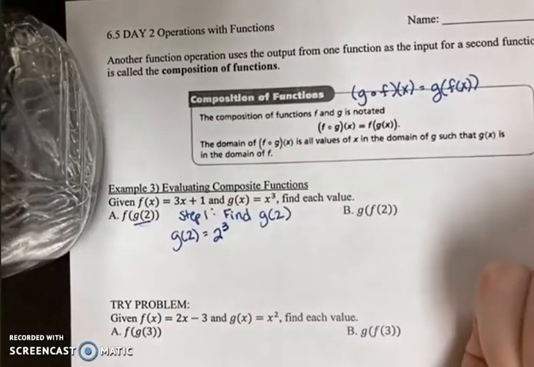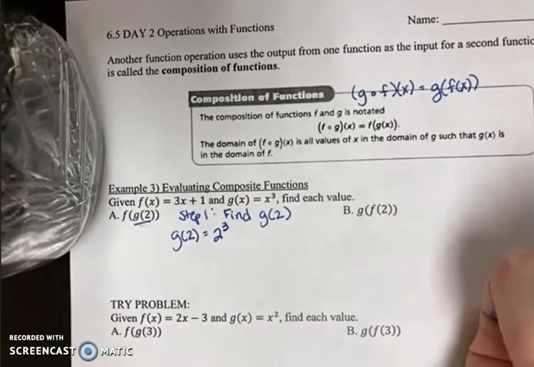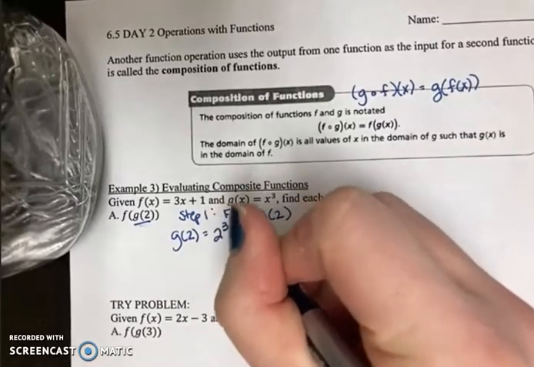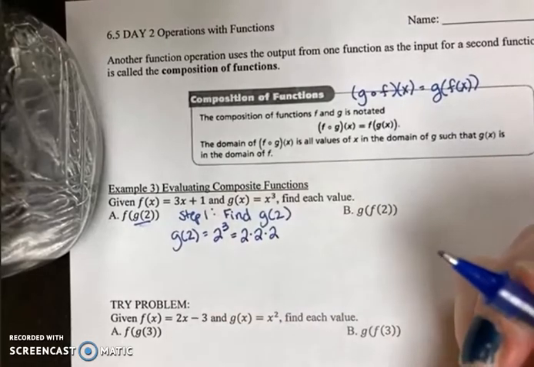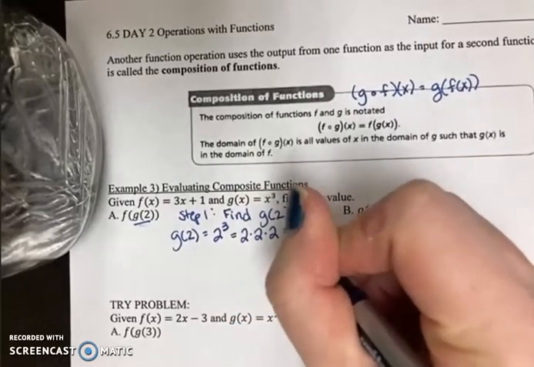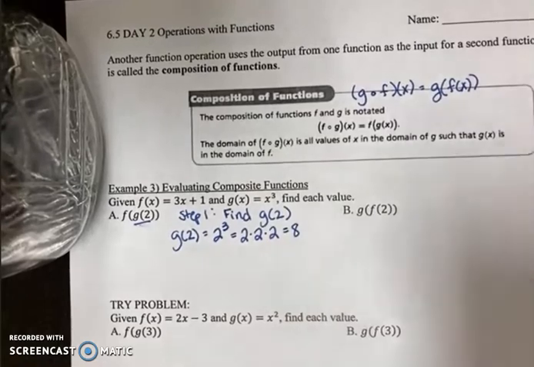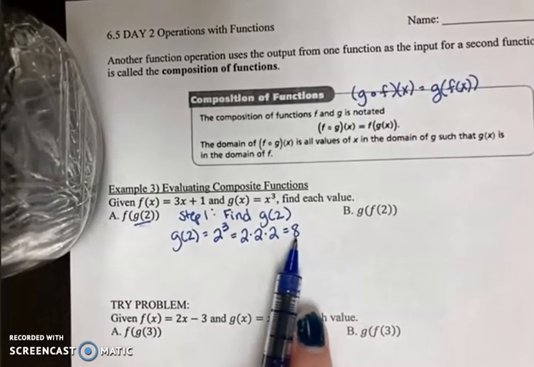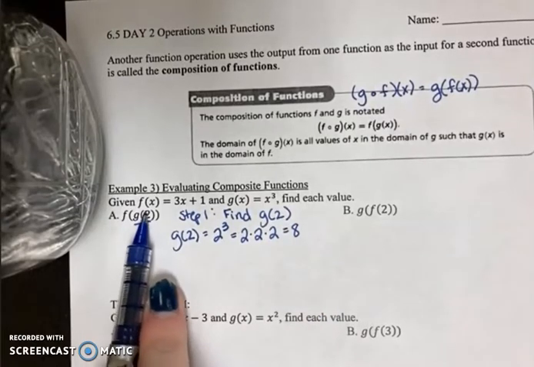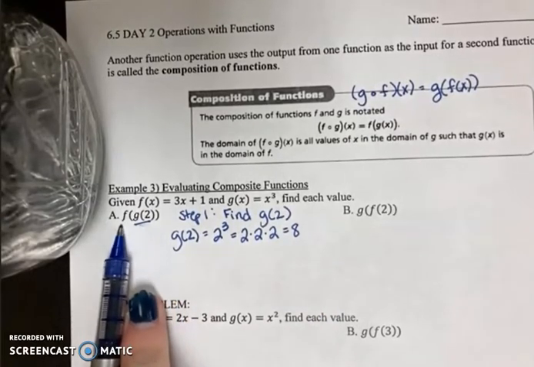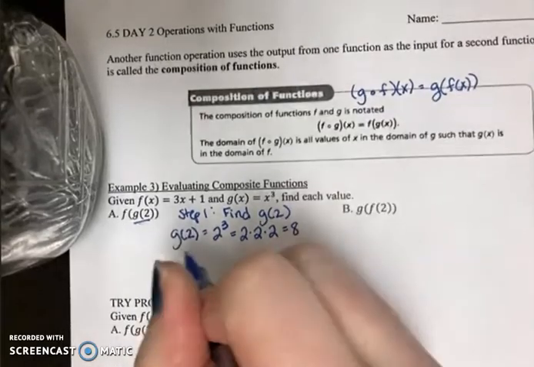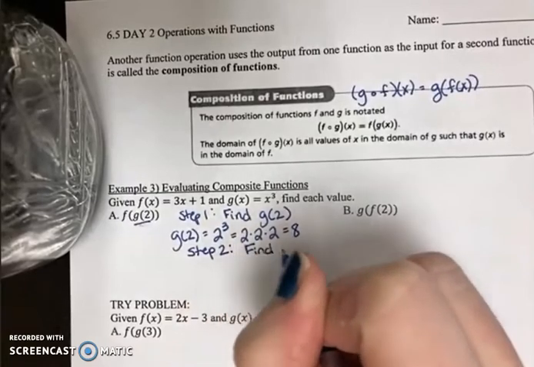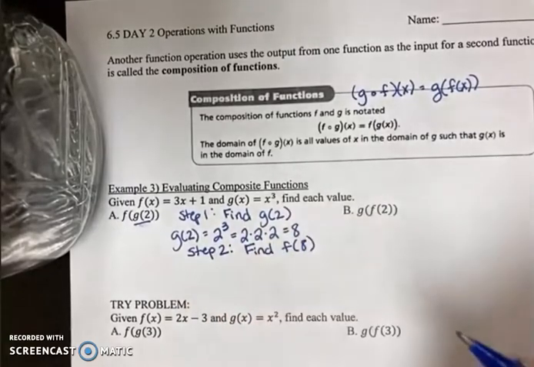If something is squared, we multiply it by itself. If something is cubed, we multiply it by itself 3 times. So this is 2 times 2 times 2. Or 2 times 2 is 4, times 2 is 8. So g of 2 is 8, which means now we can plug 8 in place of g of 2 and find f of 8. So step 2 is to find f of 8.